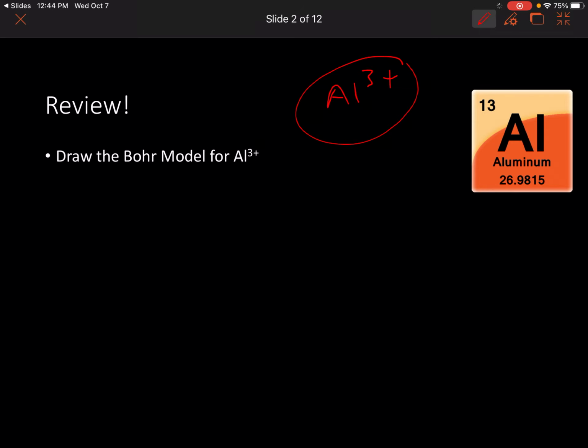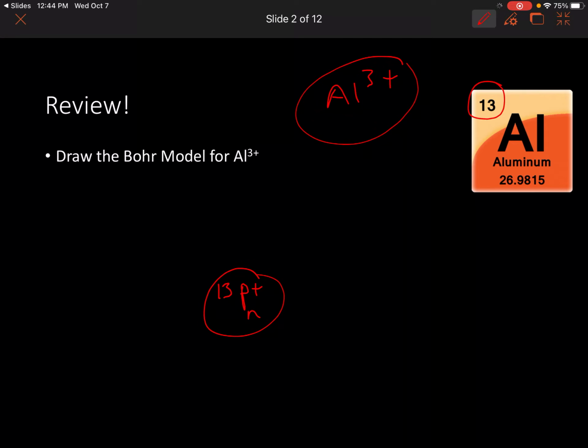So when I'm drawing my Bohr model, I don't want to draw all the electrons. I'm going to draw 3 less. But let's go ahead and figure this out here. In the middle, we've got 2 particles, right? We've got our protons and we've got our neutrons. Hopefully you remember that the number of protons is equal to the atomic number, that big whole number.